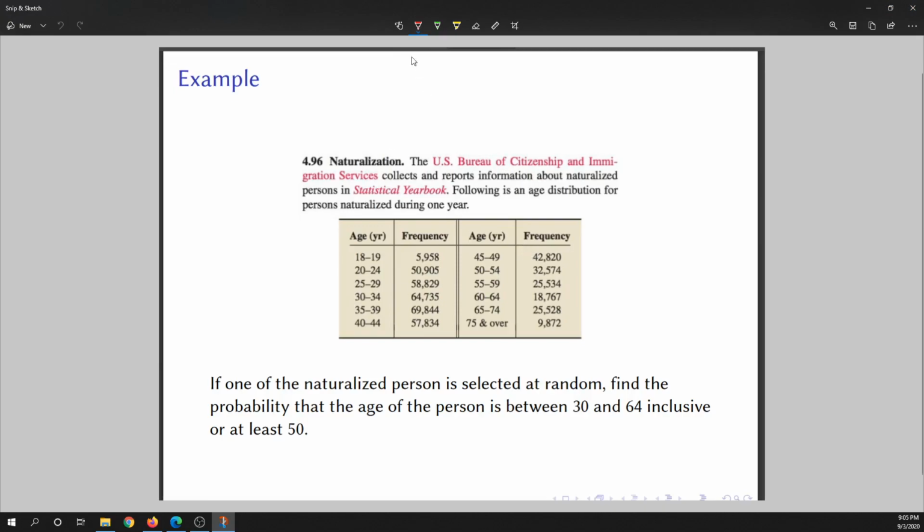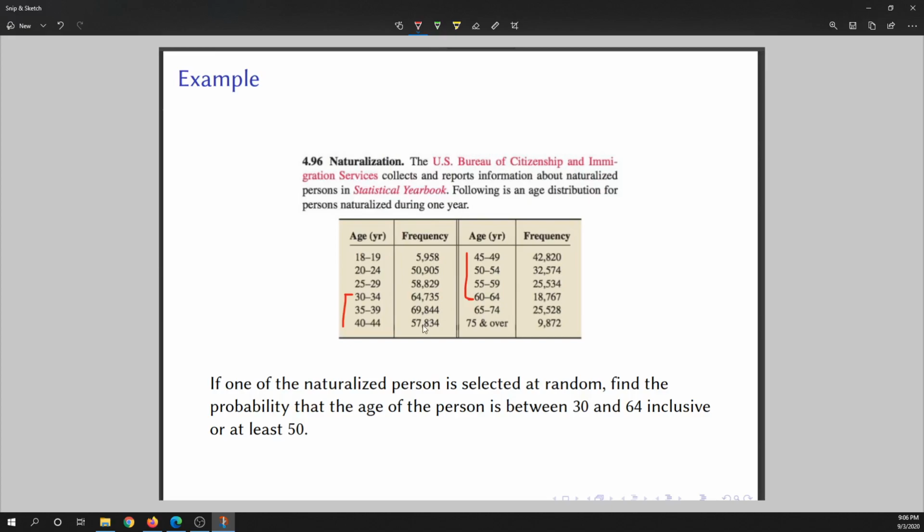So we want between 30 and 64 inclusive. That would include all these people here, all the way down to these people here, 64. So to calculate that probability, we would have to add all of these numbers up.